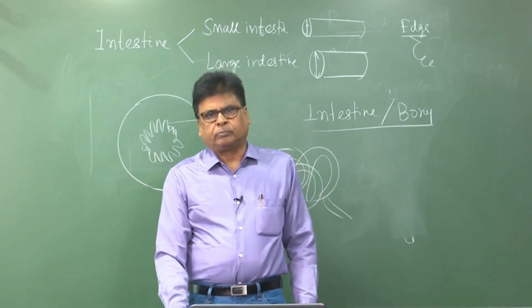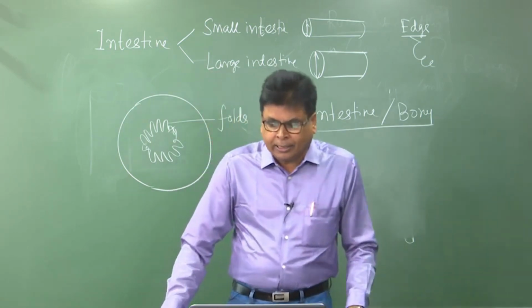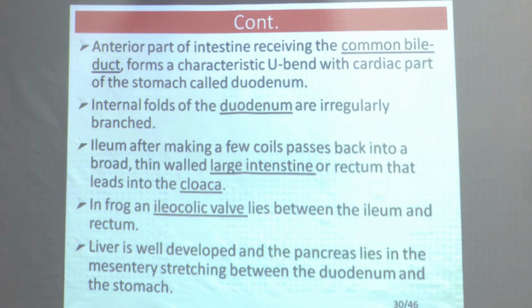The anterior part of the intestine receives the common bile duct, because in amphibians bile is secreted. This anterior part forms a characteristic U bend with the cardiac part of the stomach, and is called the duodenum.